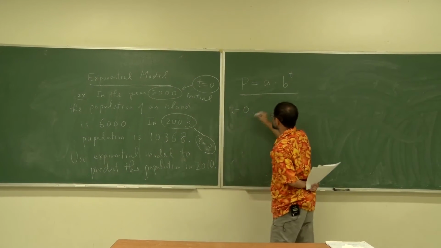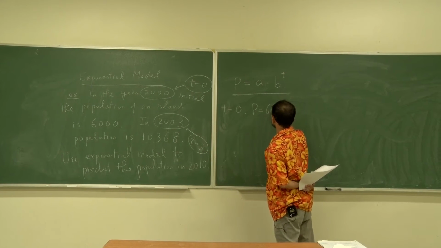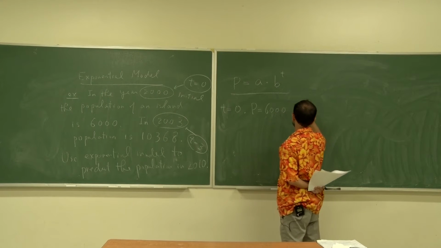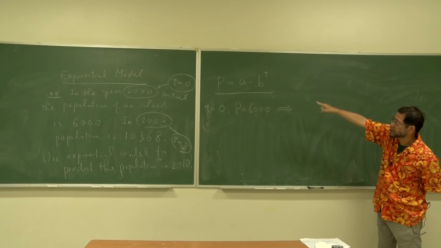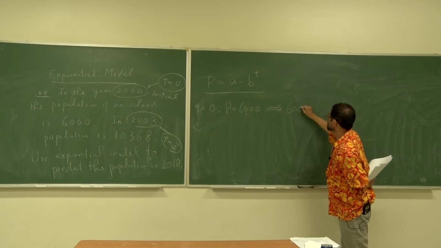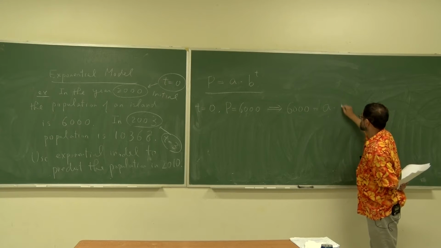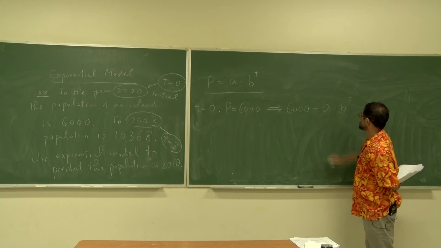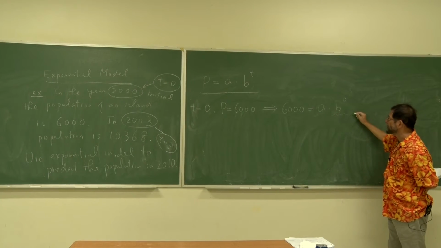So t equals 0 corresponds to p is equal to the initial population, which is 6,000. You simply plug these two values into this formula. So it's 6,000 is equal to a times b raised to 0. And remember, b raised to 0 is 1.